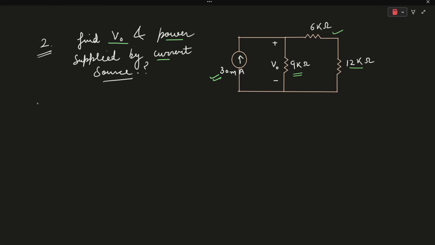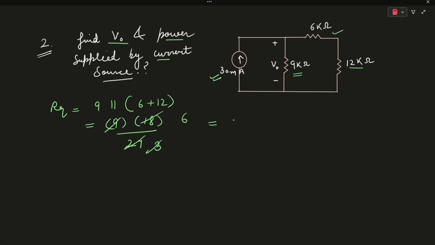It means that the equivalent resistance R equivalent will be equal to 9 in parallel with 6 plus 12. So it will be equal to 9 into 18 over 27, which comes out to be 6 kilo ohms.